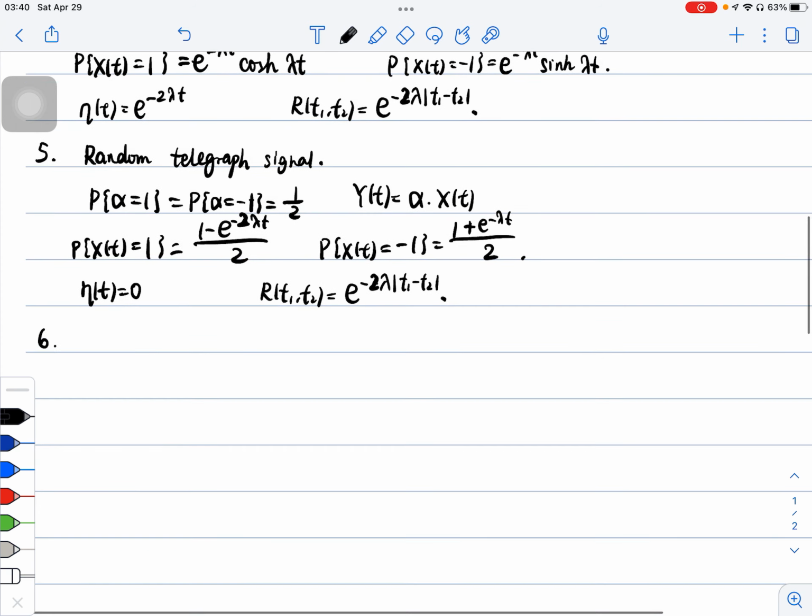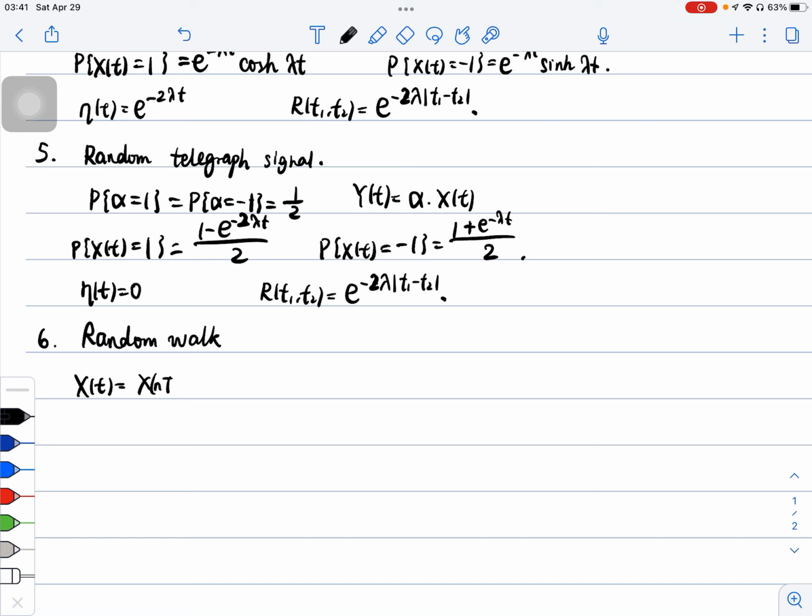6. Random walk. Consider an experiment of tossing a fair coin for infinite times. During n times of experiments, there are k times of heads and n minus k times of tails. Xt equals (2k minus n) times s for nT less than or equal to t less than (n plus 1)T.